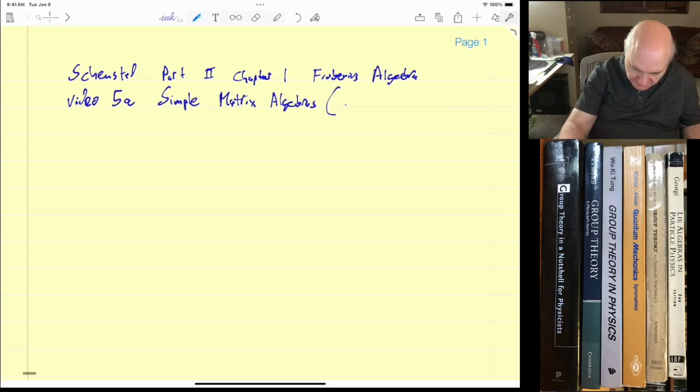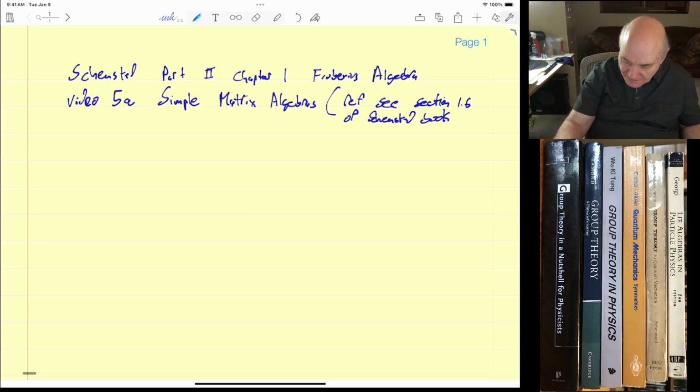And for reference, see section 1.6 of Schensted's book, which is on my website for the group theory and physics in the resources section.